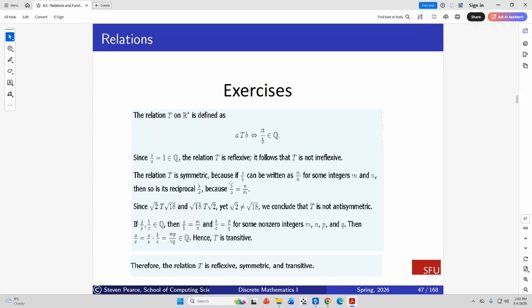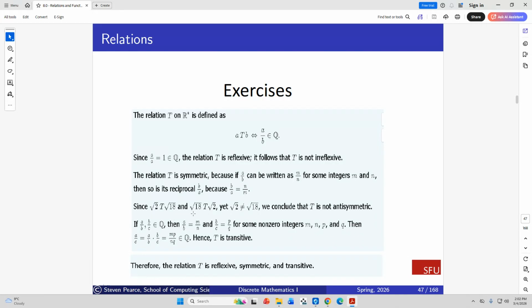The relation T is symmetric, because a over b can be written as m over n for some integers m and n. So then the reciprocal is b over a, because b over a equals n over m. So it is symmetric.